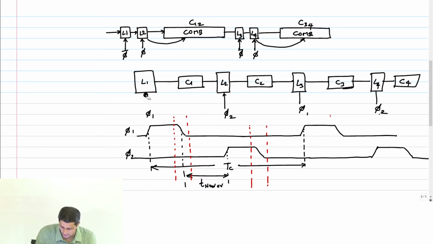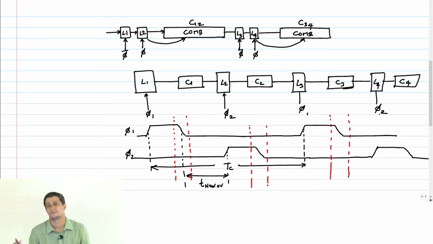If I don't put the circle, it means it's a positive latch. And this will be my setup hold window where data should not change. So the point I was trying to make is, earlier our constraint was that the setup hold window was here for a flop.